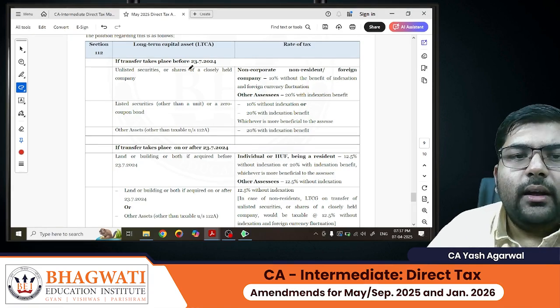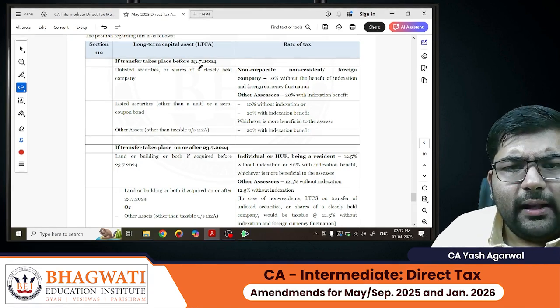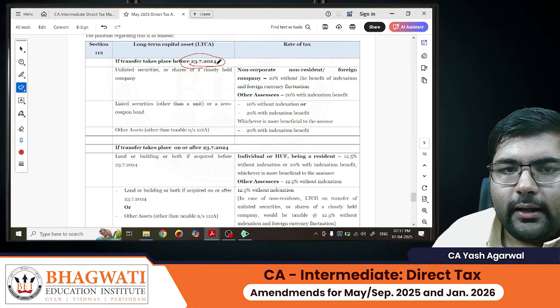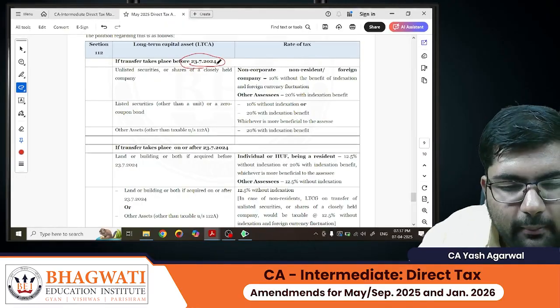Now, if the transfer took place before 23rd July 2024, see, there are a lot of dates which you have to remember in tax.